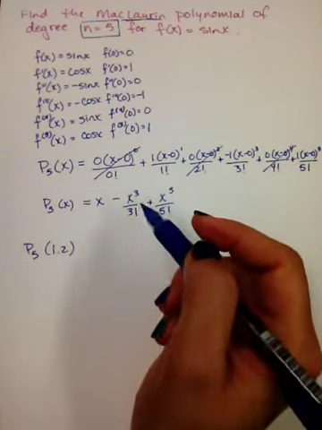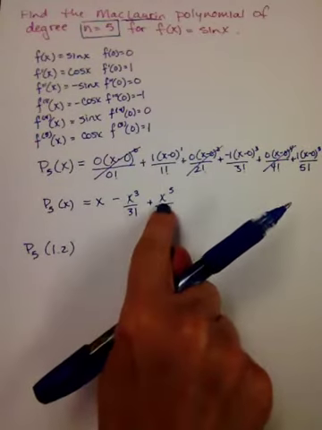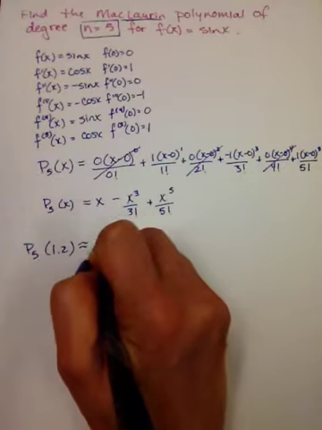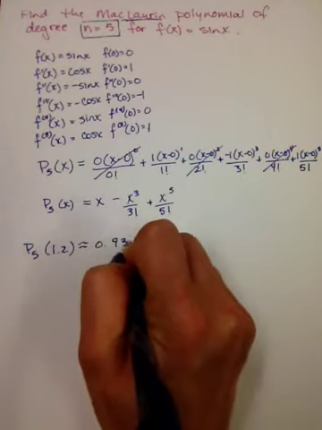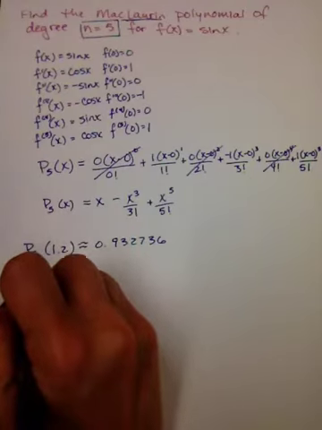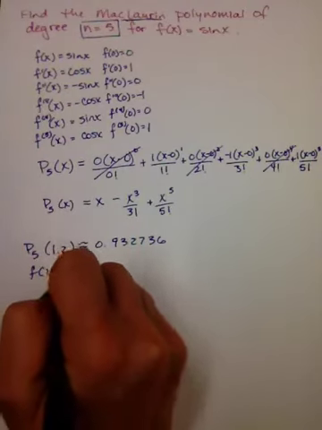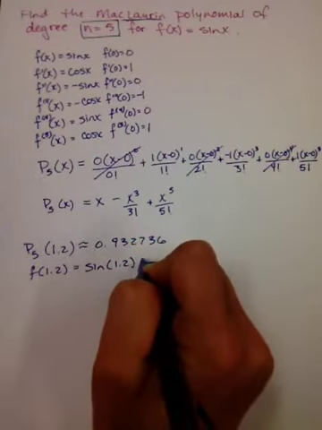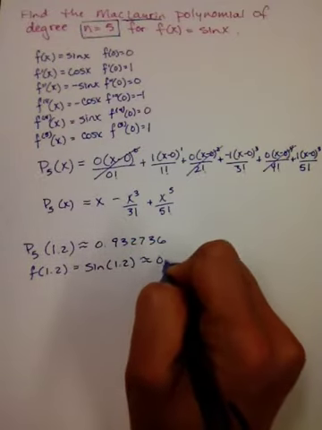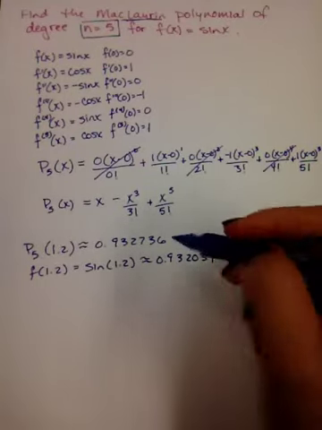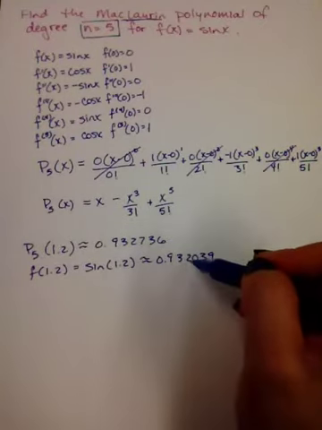But P sub 5 of 1.2, I could take 1.2, use my calculator, plug it into this, and I would get a decimal approximation of 0.932736. If I actually do f of 1.2, that's equal to sine of 1.2, and that comes out to 0.932039.